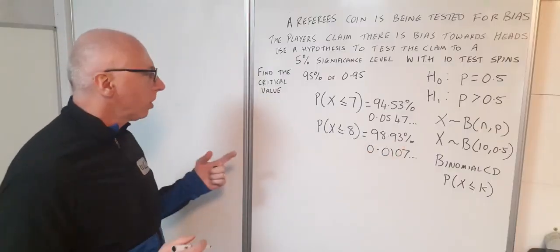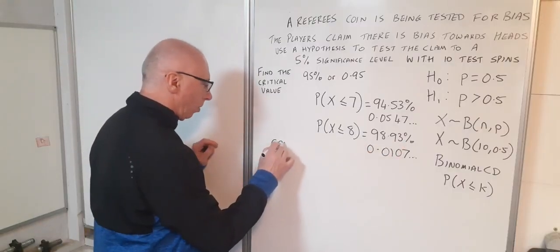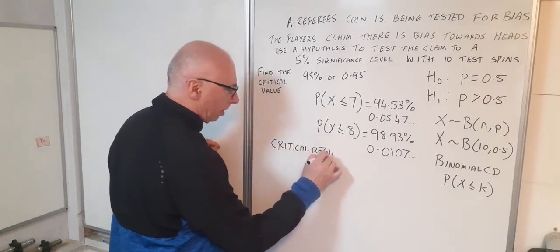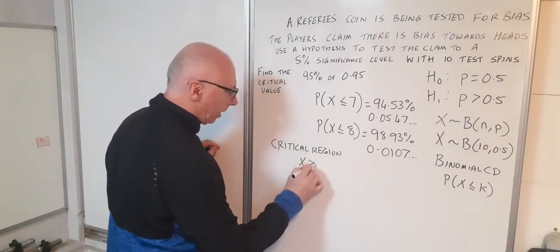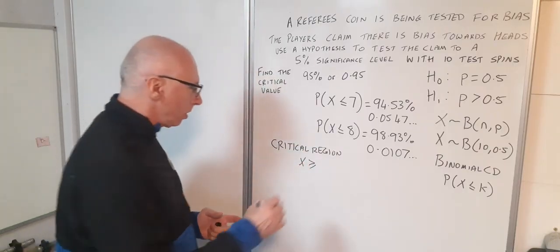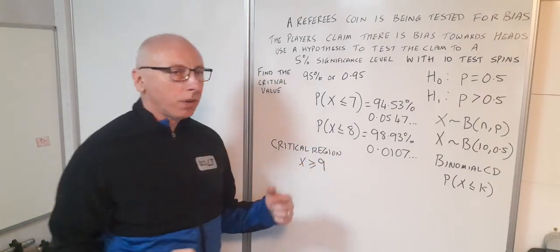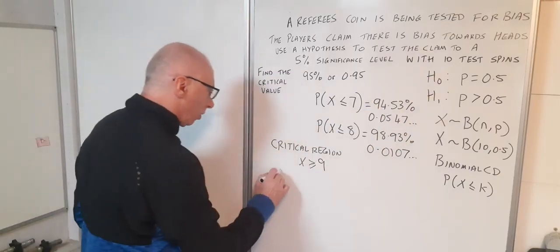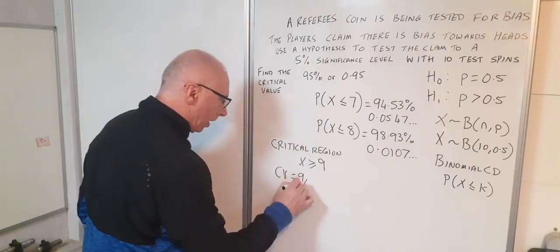So therefore our critical region, or even critical value if you like, is X is greater than or equal to 9. So the only chances we'll have is if we get 9 or 10 heads. So the critical value would be 9 or 10.